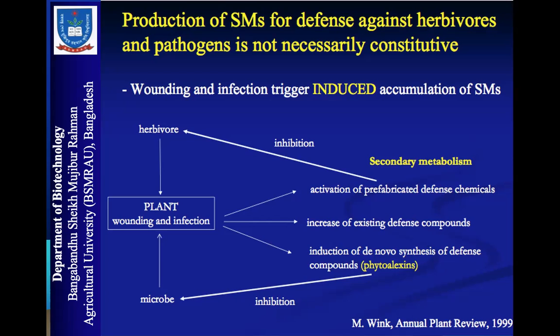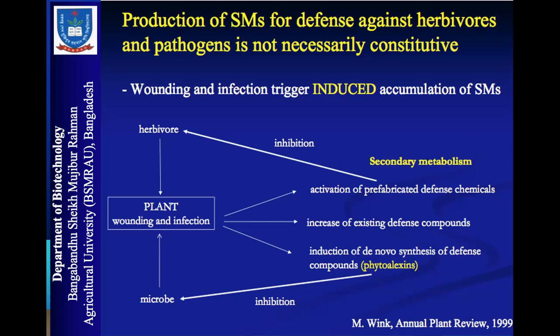De novo means inside the cell through a defined biosynthetic pathway, and they are basically antimicrobial and antioxidant compounds, known as phytoalexins. Several hundred phytoalexins have been discovered in plants, and this is a really amazing system in plants.